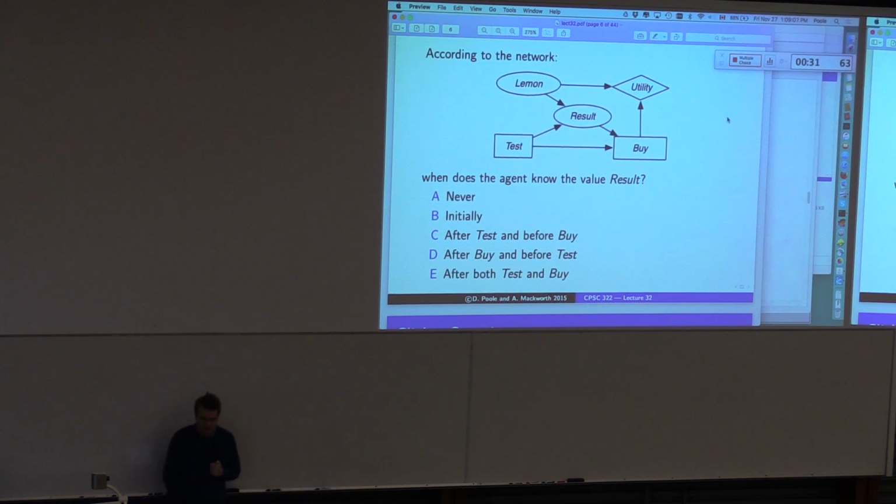Does it know it initially? Does it know after test and before buy, after buy and before test, or after both test and buy? Okay, anyone still need more time? 3, 2, 1, we'll stop.